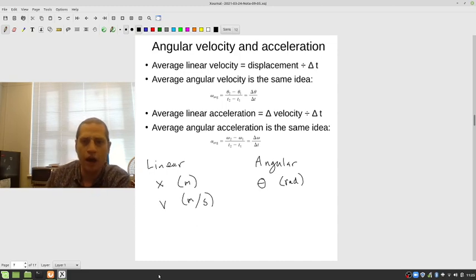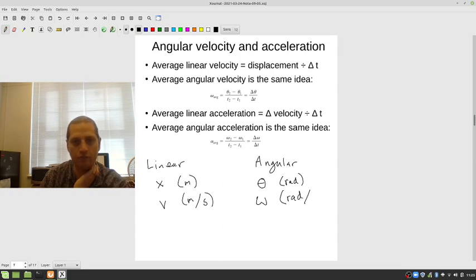Okay, now we would like to have the same type of idea, but in terms of moving around a circle. And so the equivalent idea is going to be this thing. It looks like a W, but every physicist will say omega. So there's omega, and that's in radians per second.